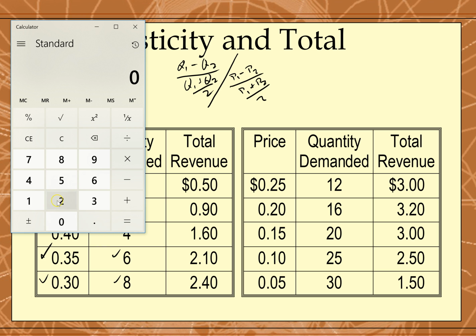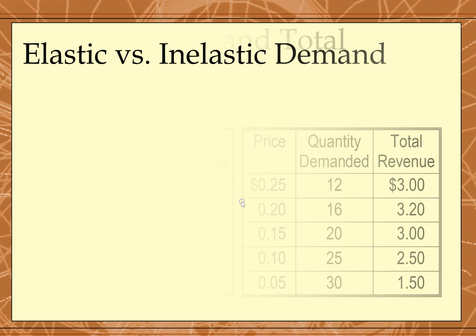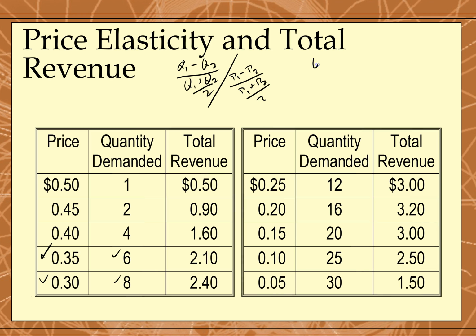So we're going to take 6 minus 8 over 6 plus 8 divided by 2, and that's going to be divided by 0.35 minus 0.3 over 0.35 plus 0.3 over 2.